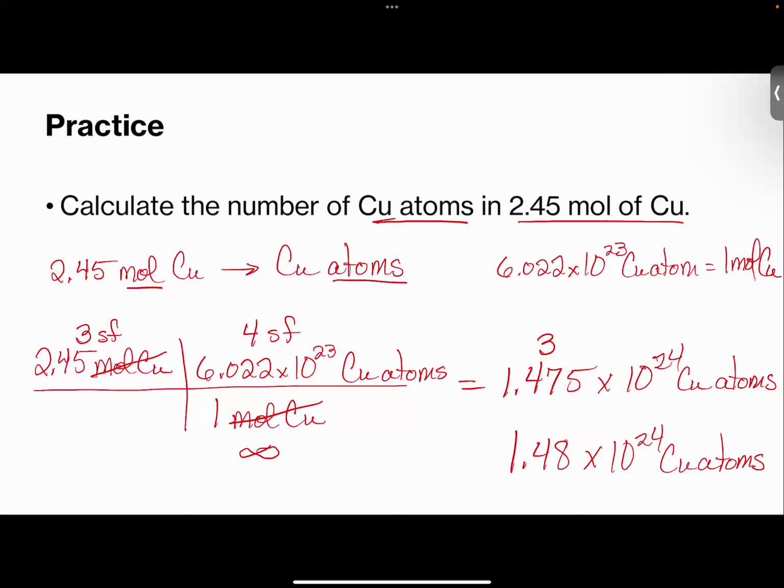We're not going to get to doing both sides yet. What I started with was moles of copper. My conversion factor had to be Avogadro's number in order to get to atoms of copper. So this will help you if you struggle at knowing what to use when. This will help.